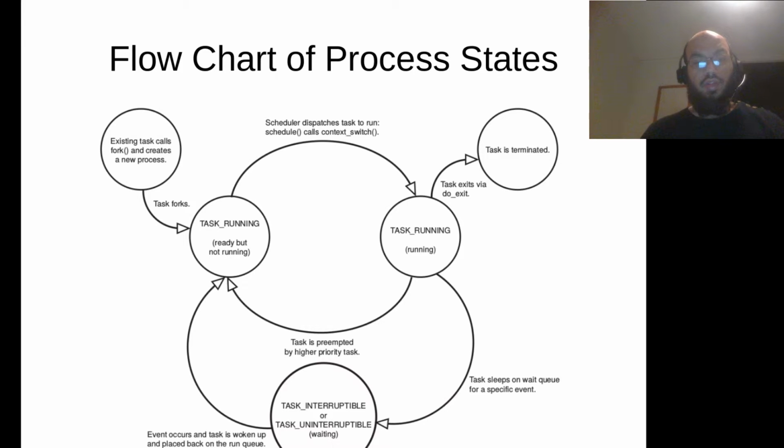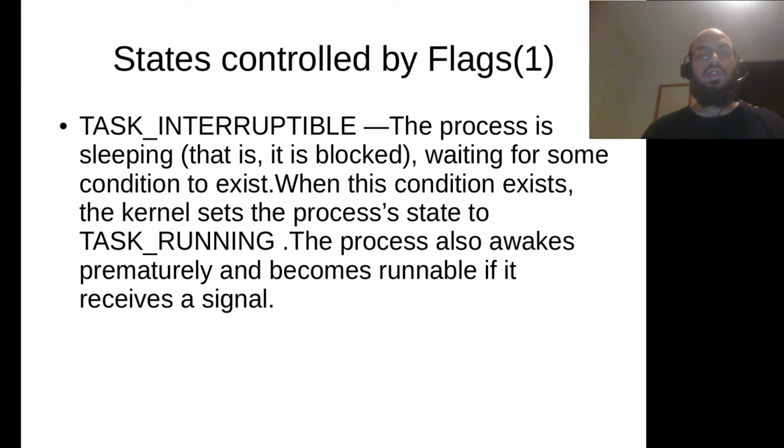Moving from TASK_INTERRUPTIBLE or TASK_UNINTERRUPTIBLE, which both mean waiting, once some event happens you go back to the task running state and wait for your time to get scheduled on the processor. So what is TASK_INTERRUPTIBLE and what is TASK_UNINTERRUPTIBLE?